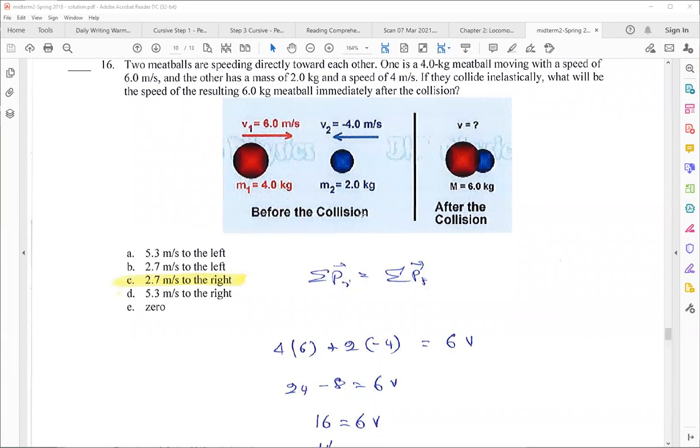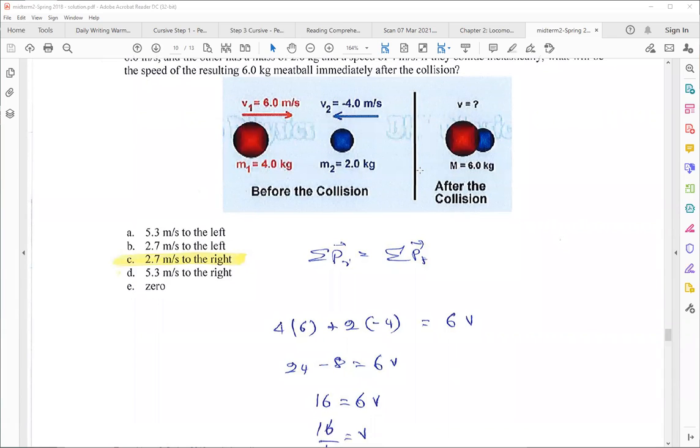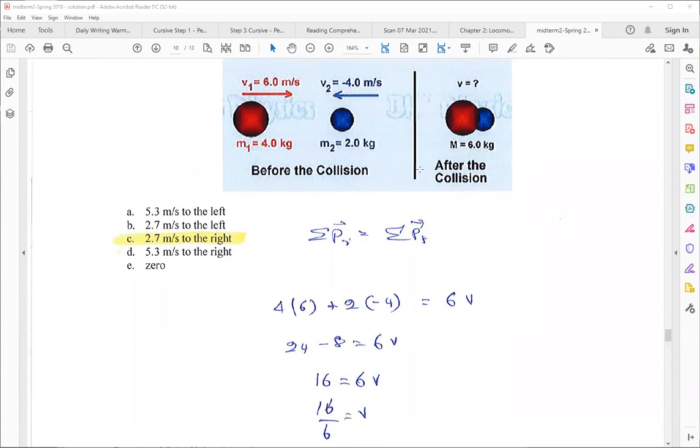So here, again, we have mass 1, 4 kilogram, and mass 2, 2 kilogram. One is moving right, the other is moving left.